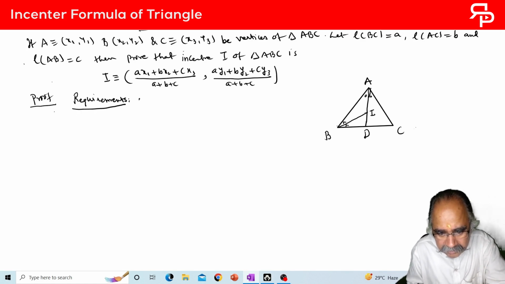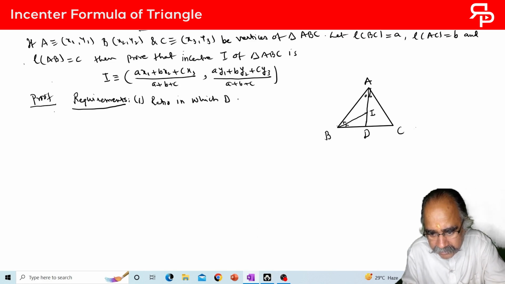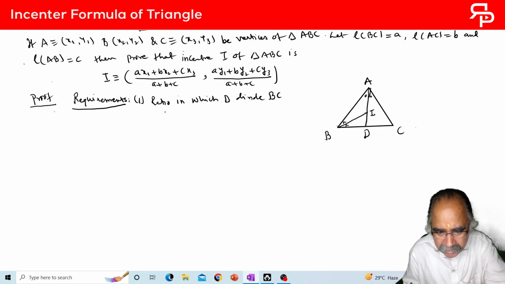First requirement: the ratio in which D divides BC.